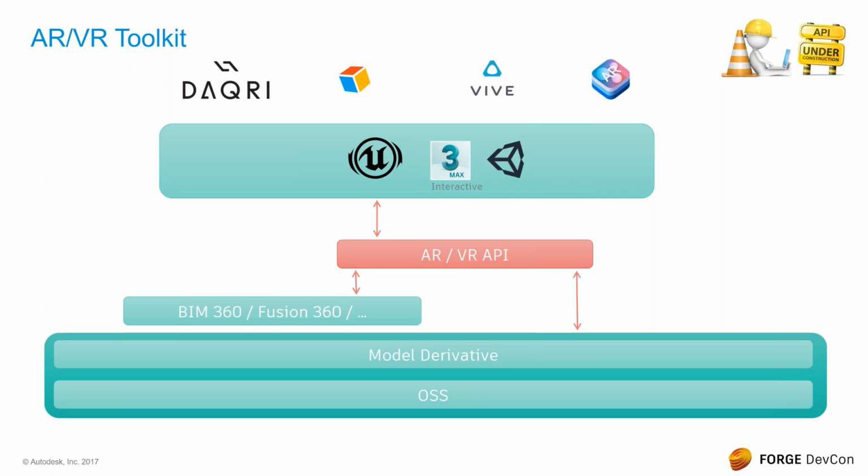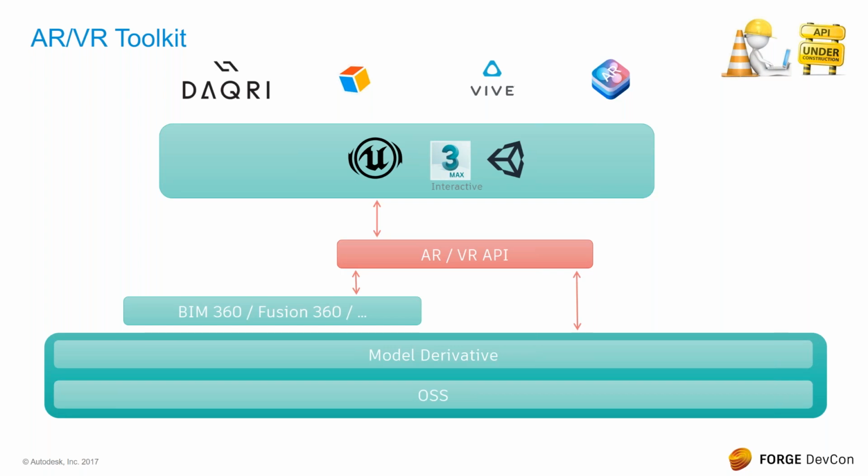So, for example, if it's a mechanical model or a building model that knows things about the assembly structure of that model or the floor structure of the building, and you want to be able to say in your AR/VR experience or inside Unity or Unreal, hey, just give me the first floor of the building, or just give me this subassembly of this product, you can do that using the metadata that was published out of the Forge APIs. Traditionally, when you bring data into those applications, it's just a bunch of mesh and there's no intelligence to be able to do those kinds of workflows.